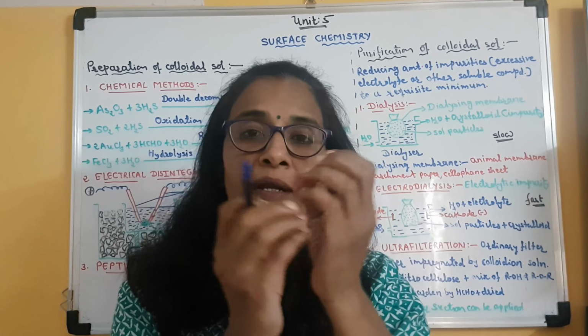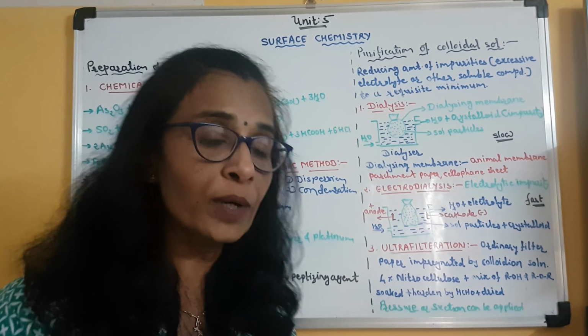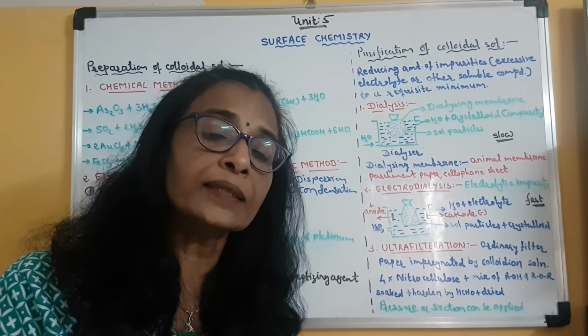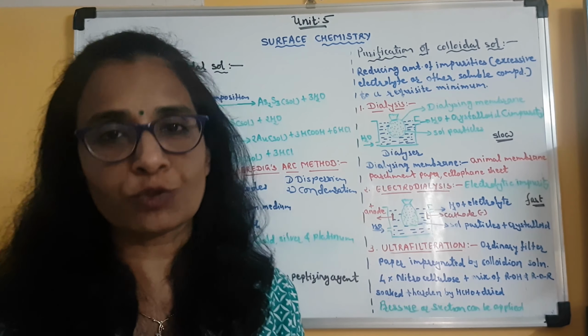This membrane will allow only the impurities to pass through it. Impurities means the ions, if it is the impurity of electrolyte. And if some other soluble impurity is there, then that is also to be removed or separated. So this membrane of the bag allows only the impurity to pass through it, but colloidal particles cannot pass through it.